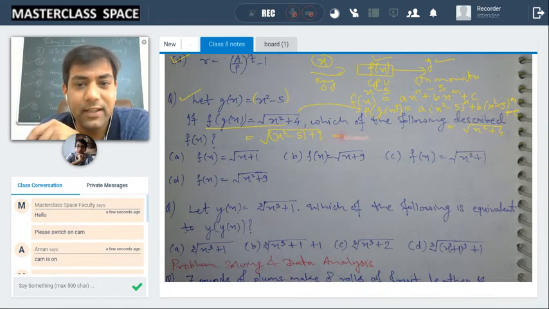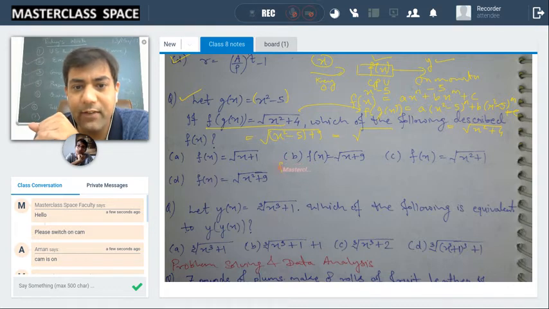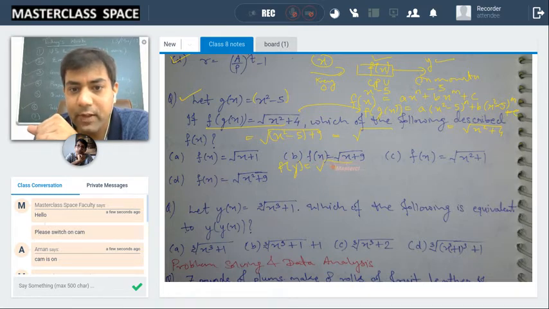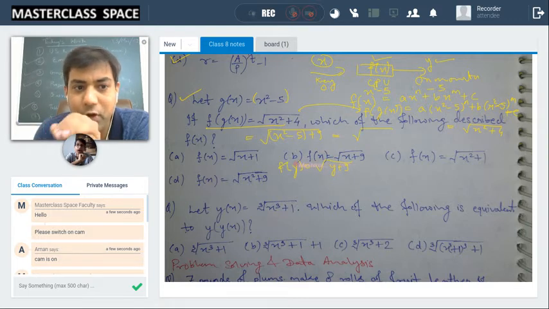So this must be something like under root. Tell me some other variable y. This must be something like y plus 9. It would have been something like f(y) would have been something like under root y plus 9. And in place of y, you have put g(x).